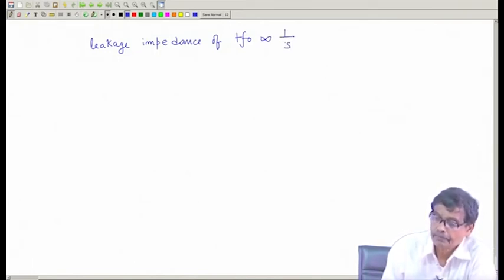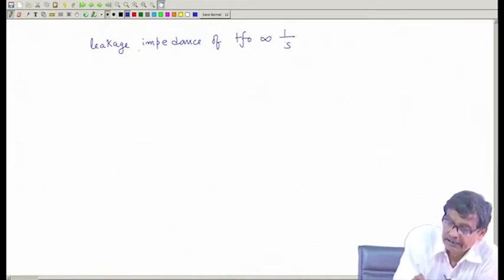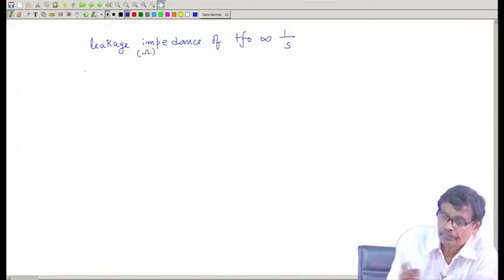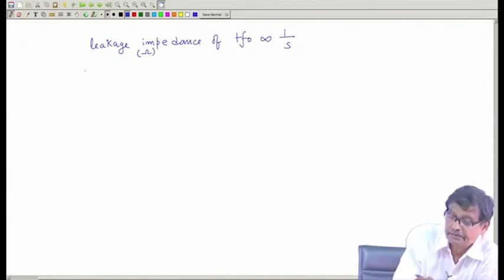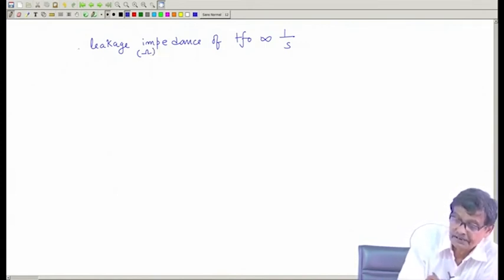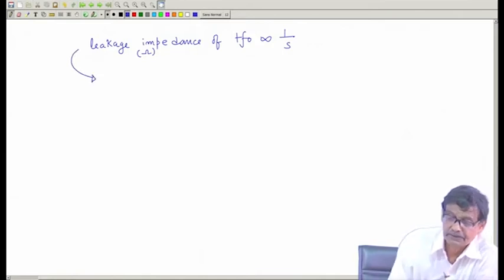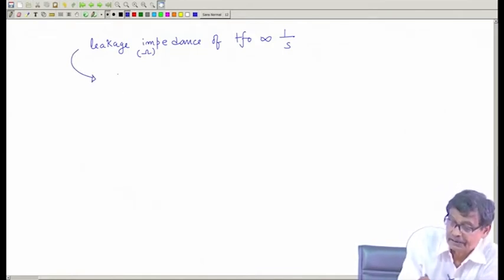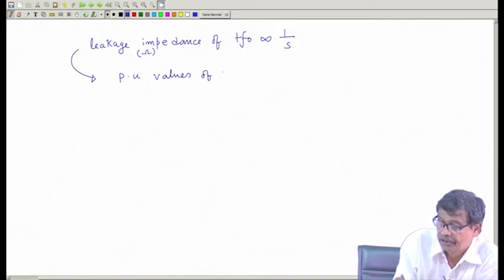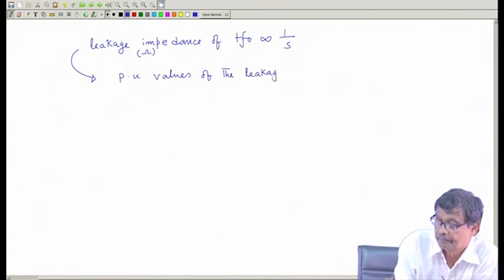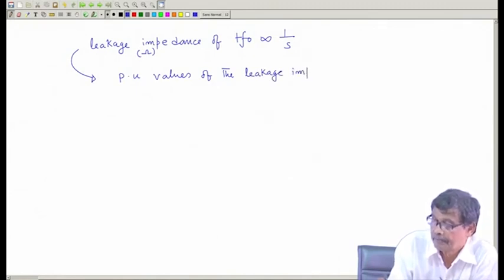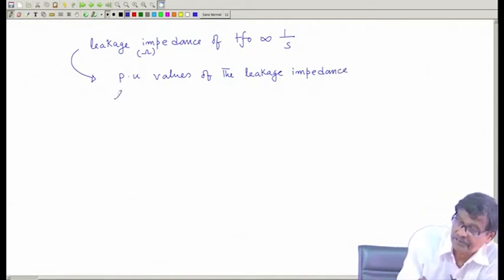Okay. Leakage impedance in ohms. The same statement is told in this way, that per unit values of the leakage impedance should be same.